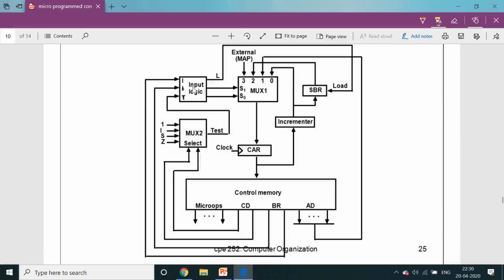Whatever information we receive from the two branch bits, the BR bits, is equivalent to the I0 and I1 bits.